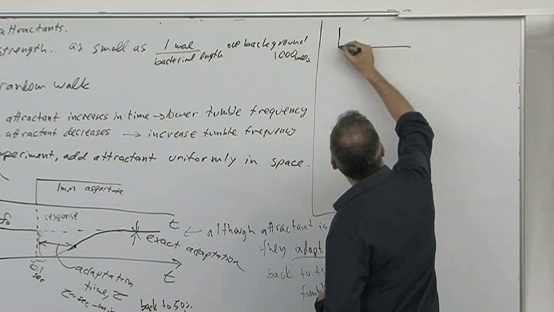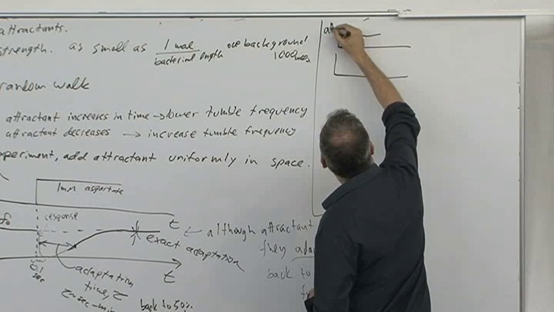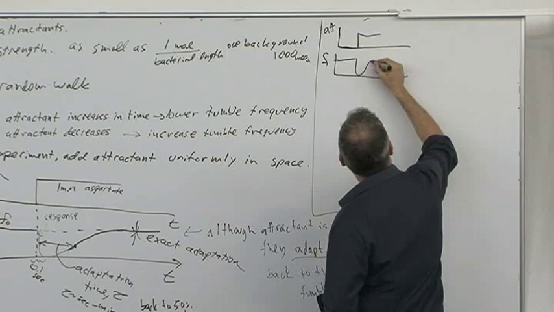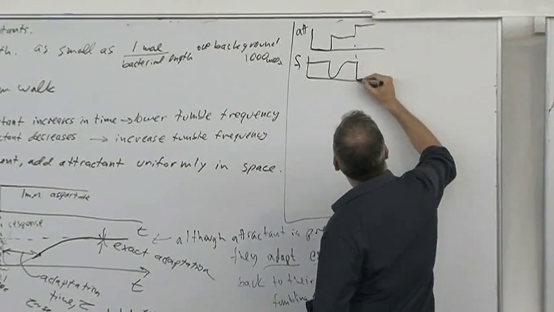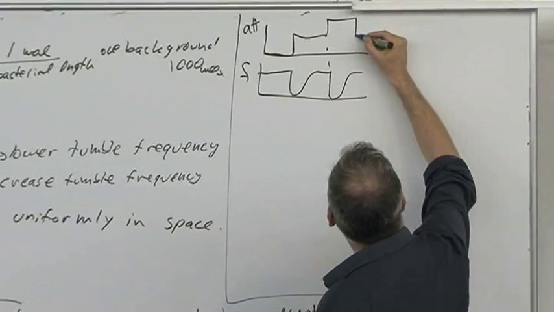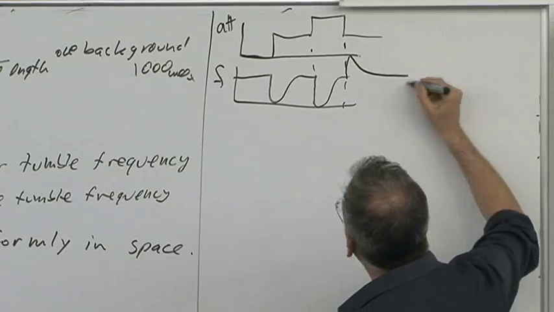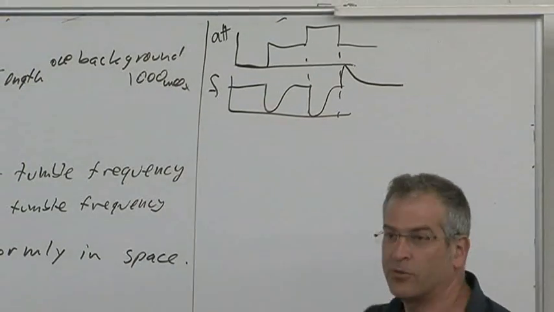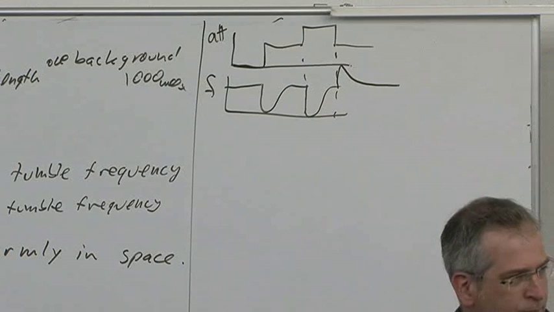If this is attractant, and I give a step, and this is tumbling frequency, I have response and adaptation. If I give another step, again, I have response and adaptation. If I go down, it's like repellent. I have response and adaptation. See? So this keeps me, the tumbling frequency, the search I do over space, at a nice intermediate tumbling frequency.